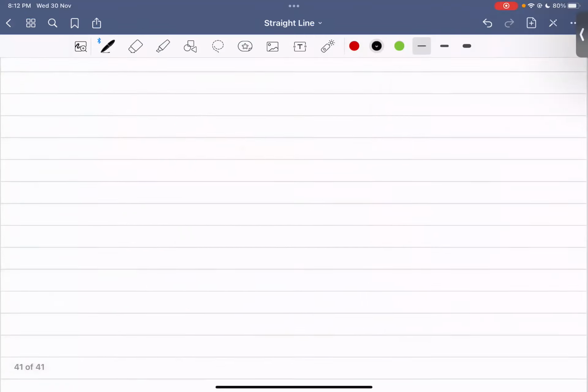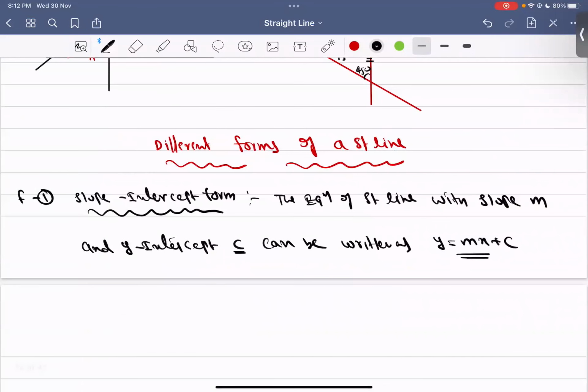Suppose on a plane you want to draw a straight line, how many points do we require? 2 points. If we have 2 points, we can draw a unique line. But how many circles can we draw through 2 points?